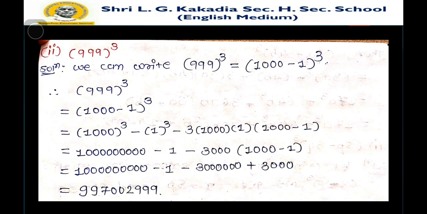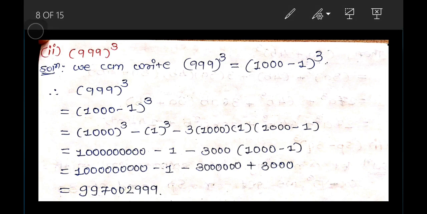Now one more example. Here the second example is 999 cube; we want to find the cube of 999. We can write 999 cube is equal to, if we subtract 1 from 1000, then we get 999.